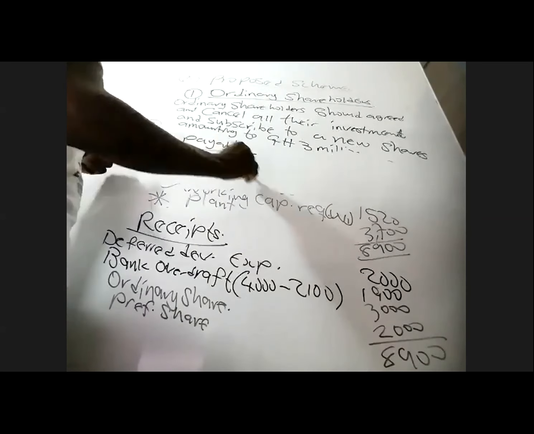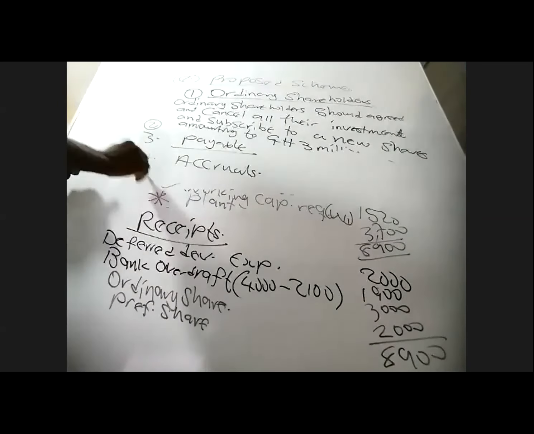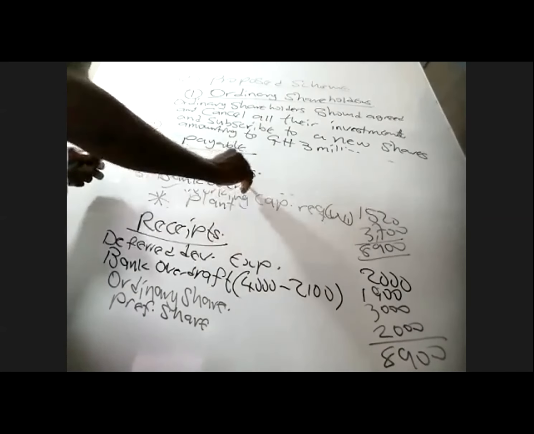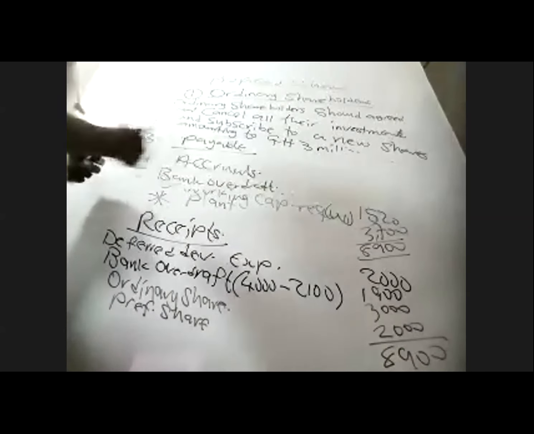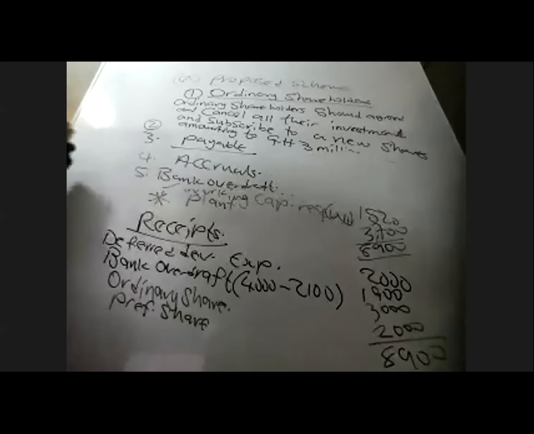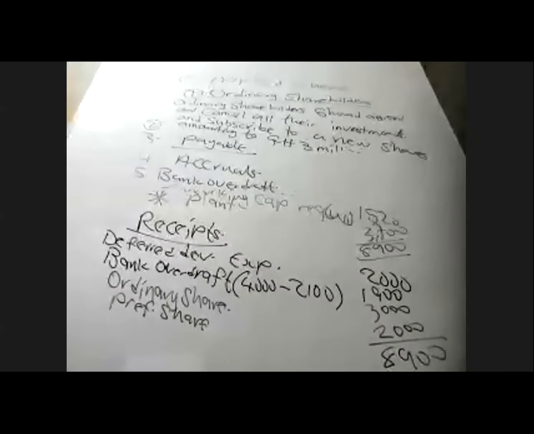The fifth one is the bank overdraft. Now the bank overdraft. They are not losing anything. So if you say they should lose, question mark.